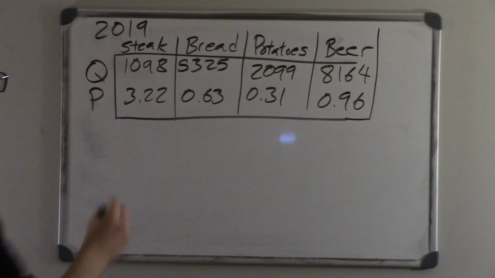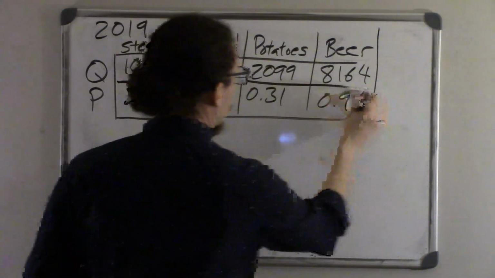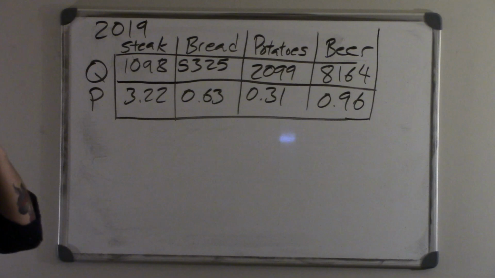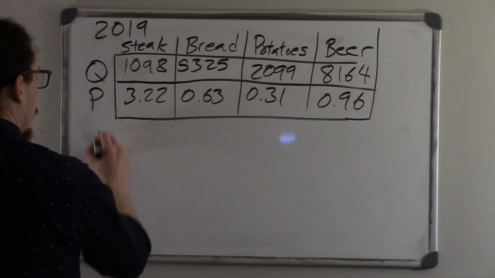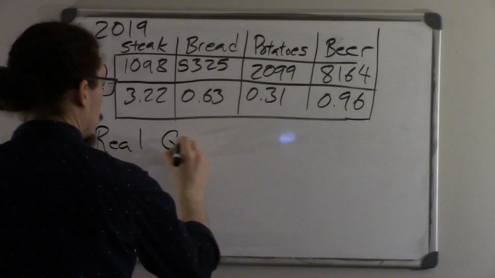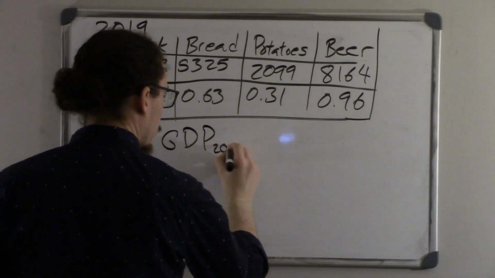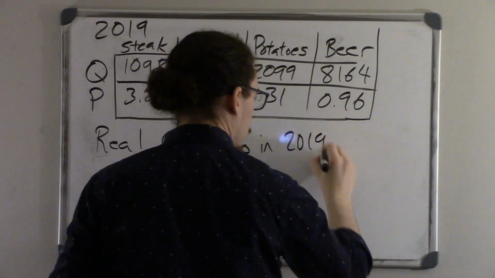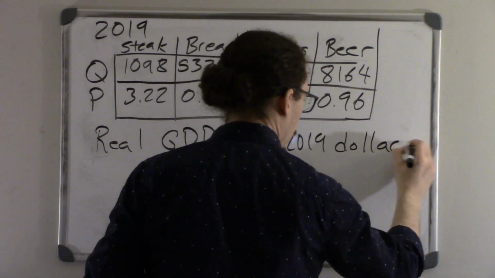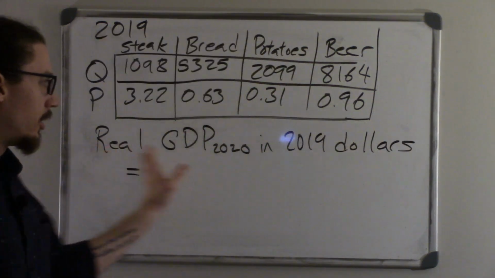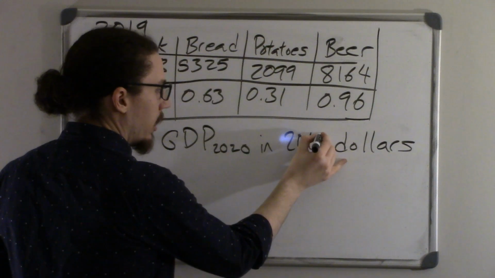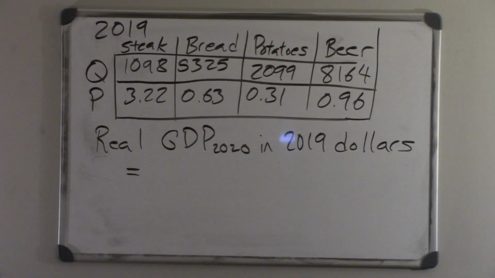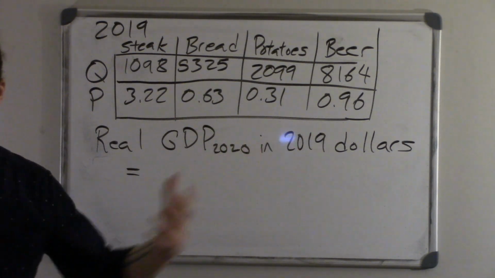All right, so we're not going to get too fancy with this, but this is our 2019 counting of the quantities and prices. So if we're trying to get the real GDP for 2020 in 2019 dollars, I'm going to go ahead and write it all the way out so we can see that, but in future, might not necessarily do that.